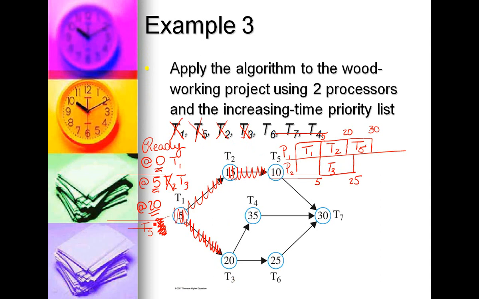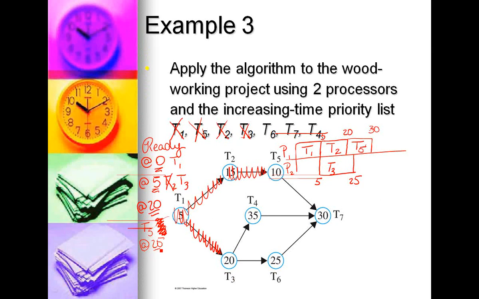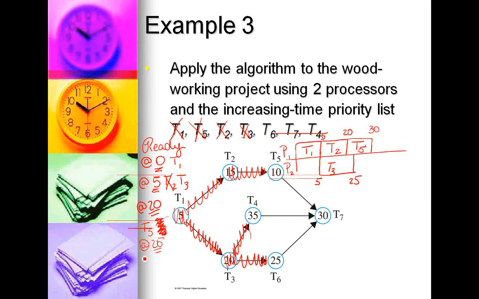Now the next time slot is at 25 minutes. At 25 minutes, T1, T2, and T3 are finished. So we're going to get rid of T3. Our tasks that are ready are T4, T5, and T6. Now notice T5 is already up there, so all we're concerned with is T4 and T6.